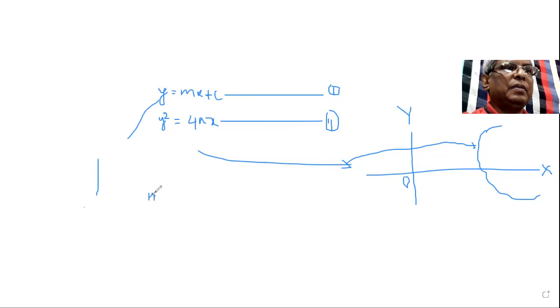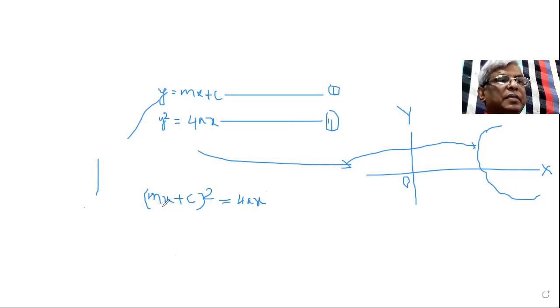So this will be (mx plus c) whole square is equal to 4ax.